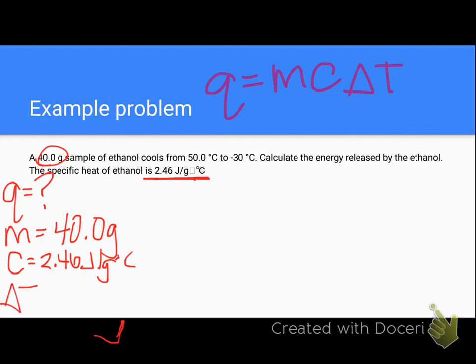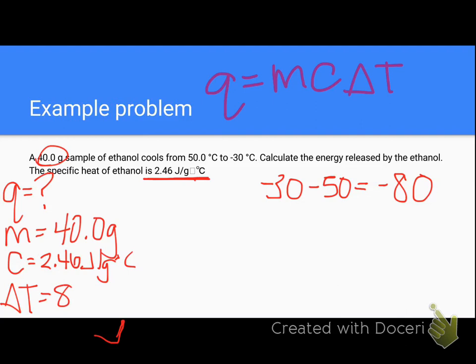And then we have my change in temperature. Now, if you do final minus initial on this, you would be doing negative 30 minus 50, which is going to give you negative 80. Now, since this is the change in temperature, you can just drop the negative, because we're just looking at how much the temperature changed. It changed 80 degrees, so you don't need to include the negative in there.